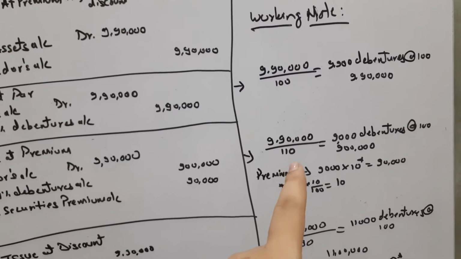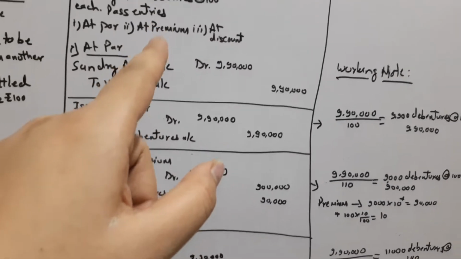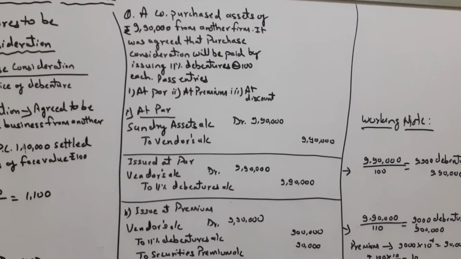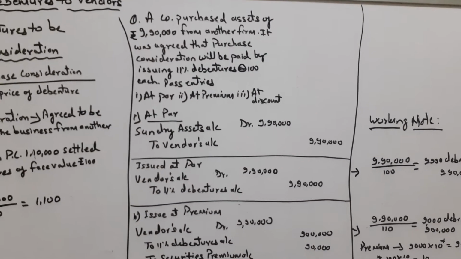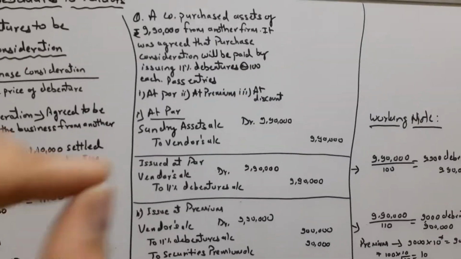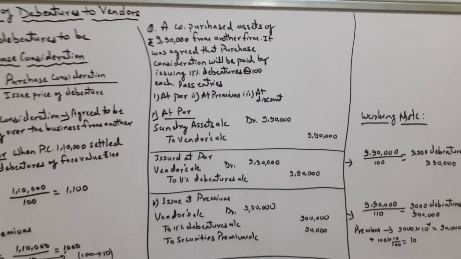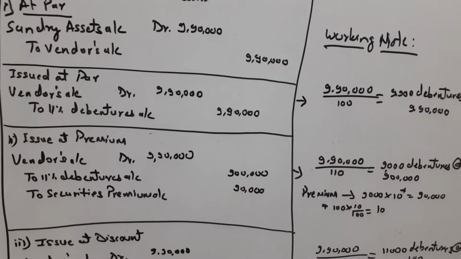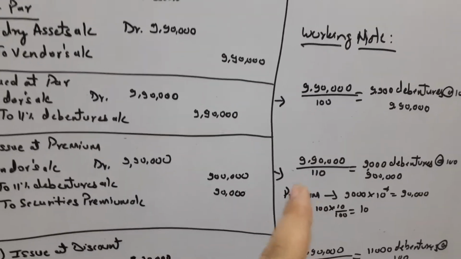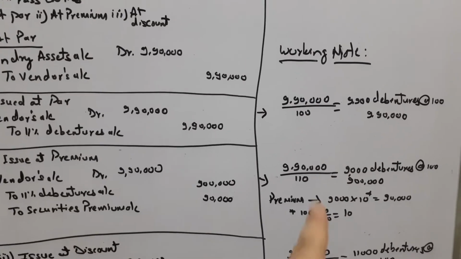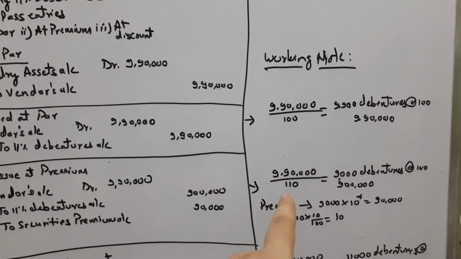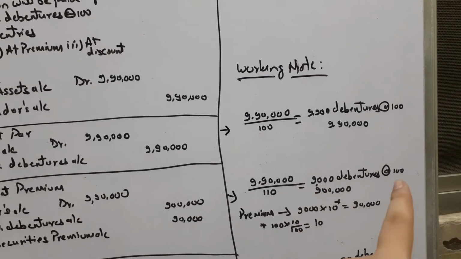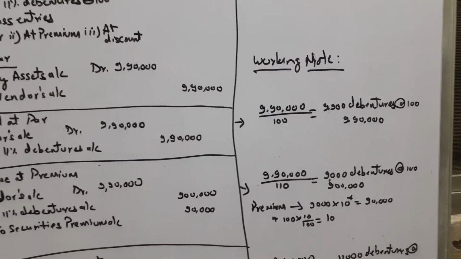Since it is at a premium of 10%, we have assumed this in the question. So 100 plus 10 is 110. So 9,90,000 divided by 110 gives you 9,000 debentures. When 9,000 debentures are multiplied by 100 rupees, it gives you 9 lakh.